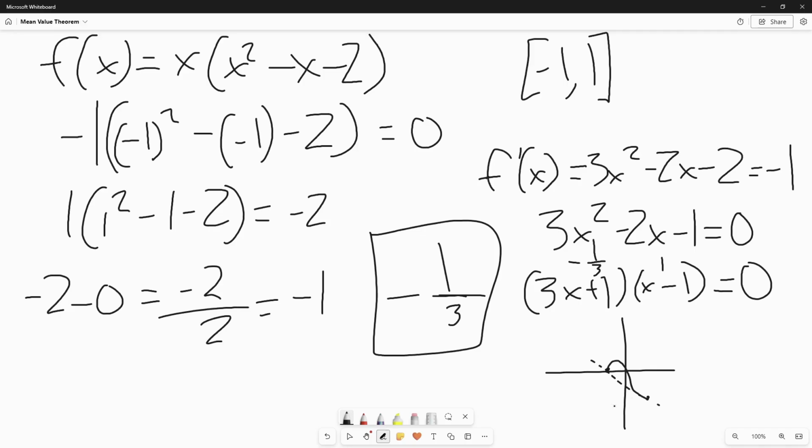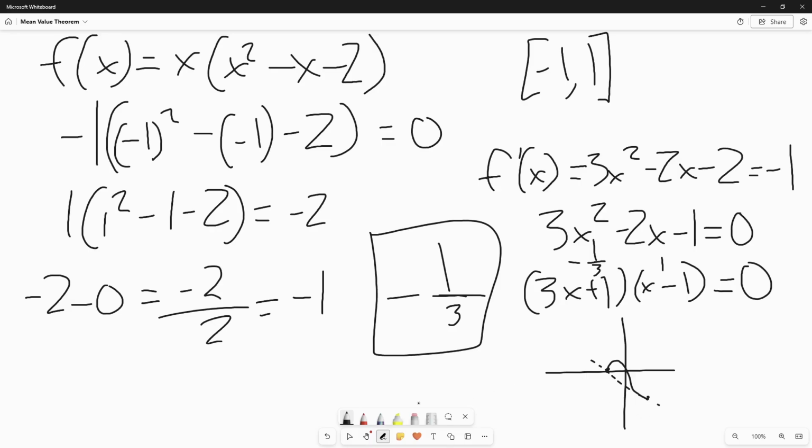And the mean value theorem states that there's an x value in between this interval that has the same instantaneous slope as the secant line, which means that the derivative is the same and the tangent line has the same slope. So it could be here, it could be here, it could be here.